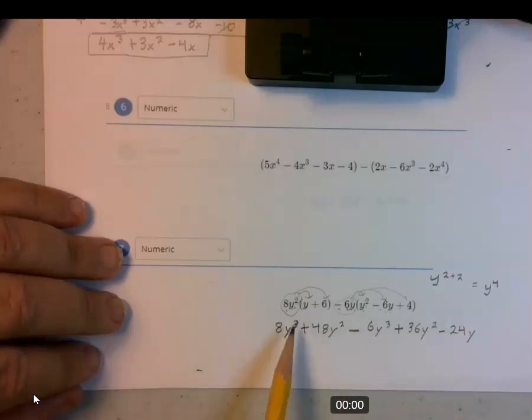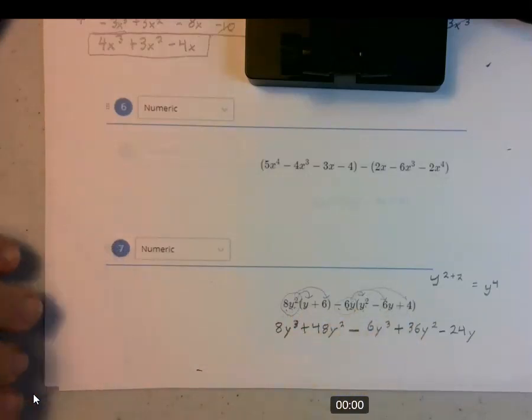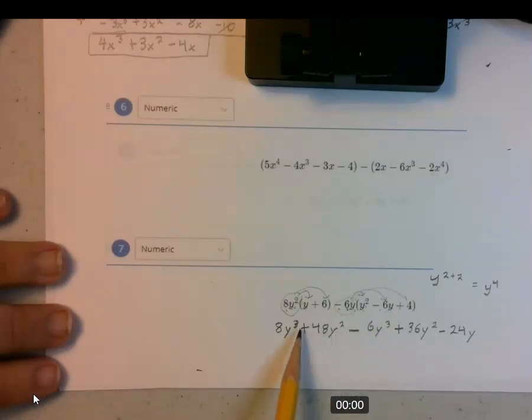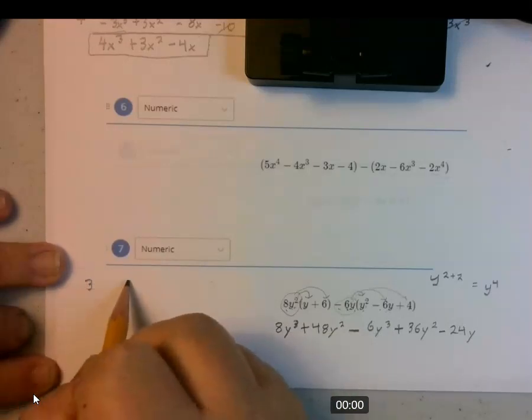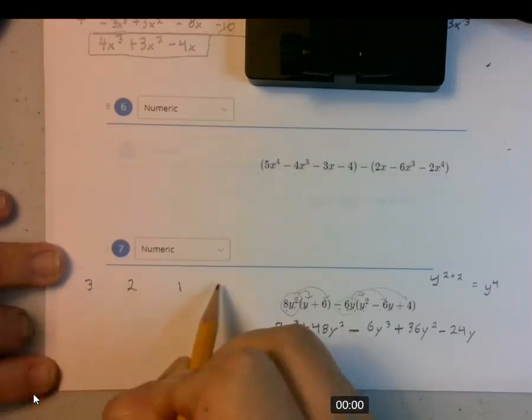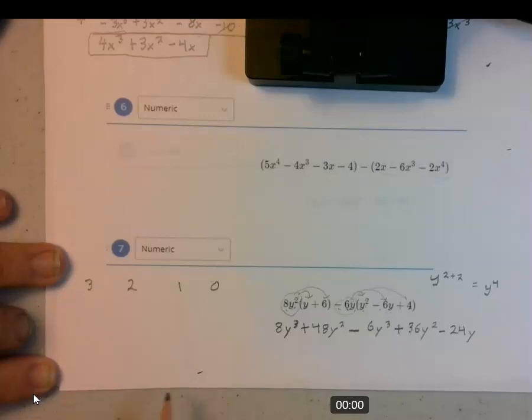Okay, again, go back, check your work, which I'm doing right now. Okay, looks good. So now our highest order is the 3, so we're going to write over here 3, 2, 1, 0, and the y to the 3rds go there.